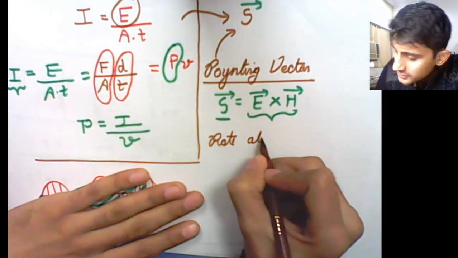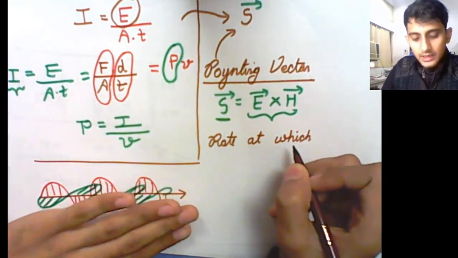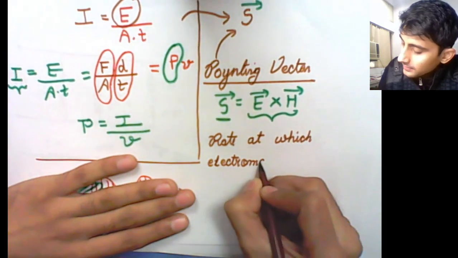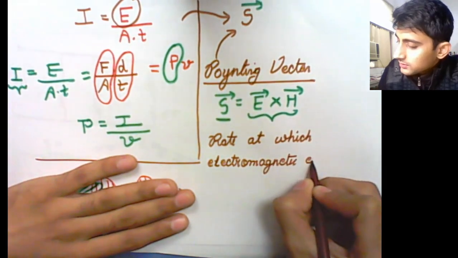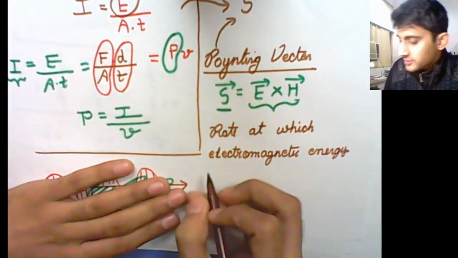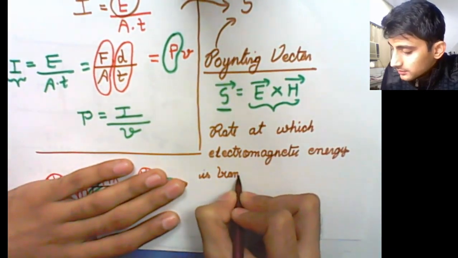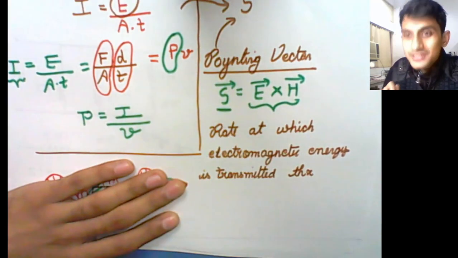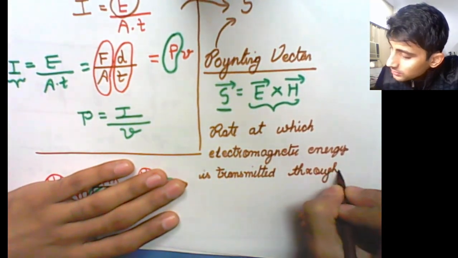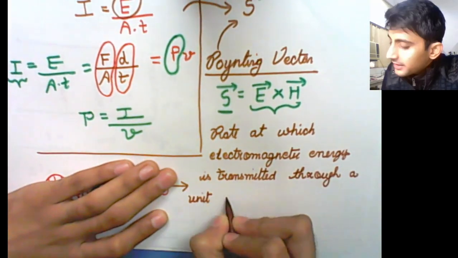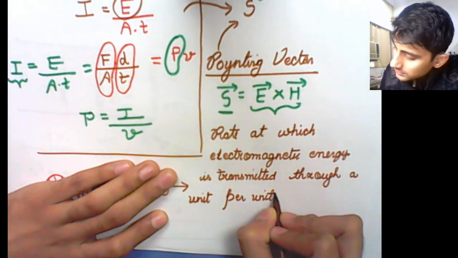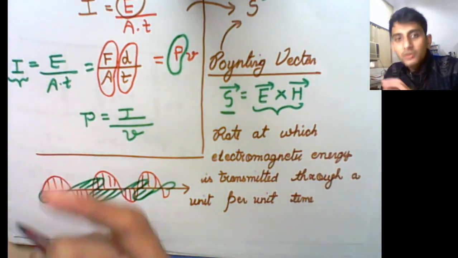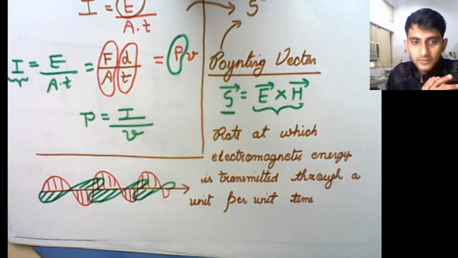So the rate at which electromagnetic energy is transmitted through a unit area, because I am saying intensity, so area will come in, through a unit area per unit time. Fine, how much energy passes through a particular given area in one second or unit time. This is what we are interested in.